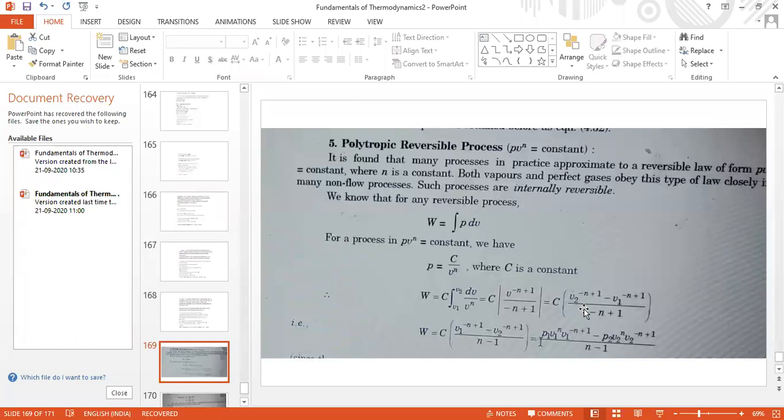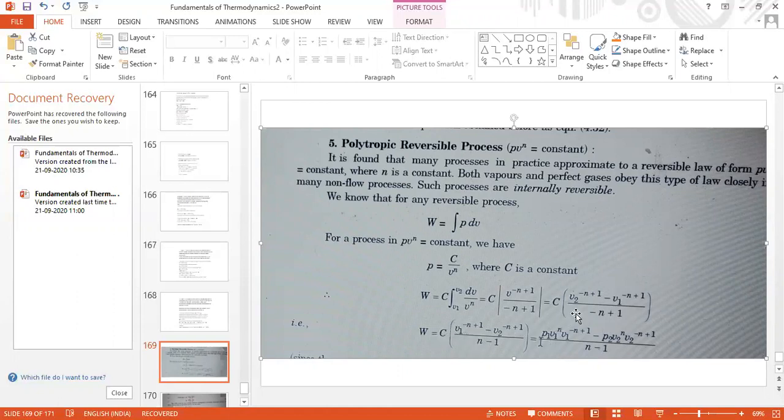But why is that type of substitution needed? Because V2 will be simplified. The power raised to V2 can be simplified, and also here, the power raised to V1 can be simplified. In that way, C is brought inside the brackets.